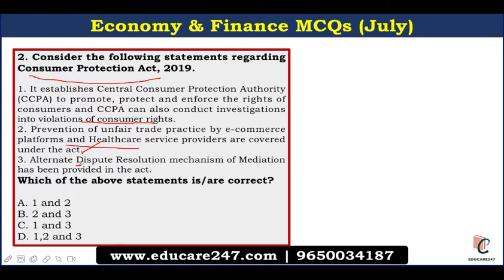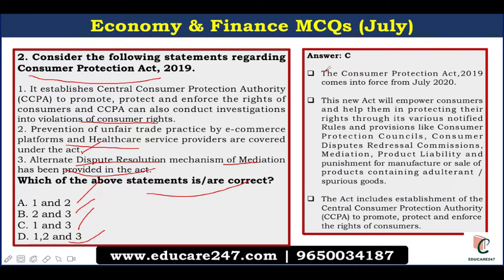Third, the alternate dispute resolution mechanism of mediation has also been provided in the Act. Which of the statements is correct? A. 1 and 2, B. 2 and 3, C. 1 and 3, or D. All of them. So the correct answer here is C, that is, first and third are correct.